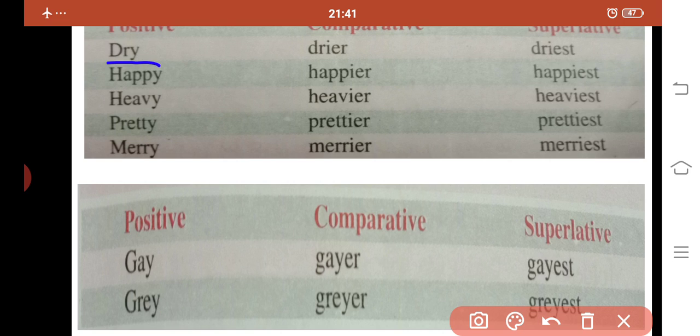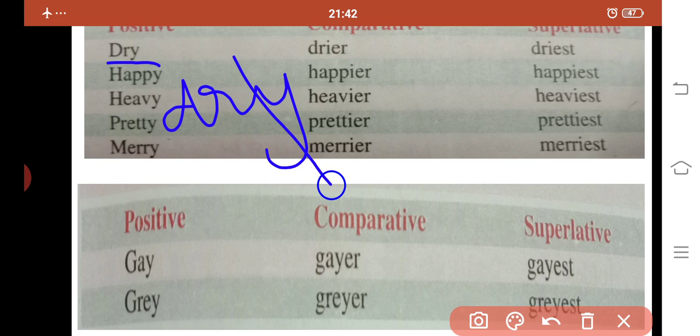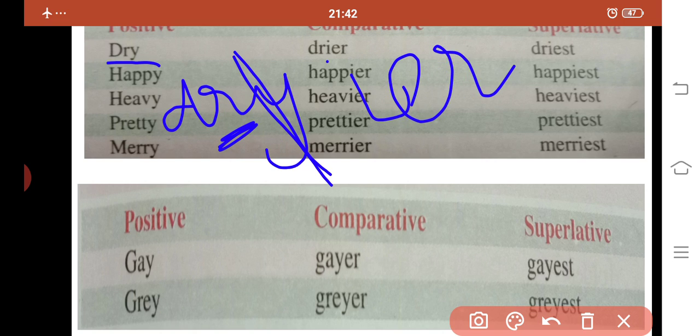Here dry is the basic form of the adjective. This is the positive form. When we need the comparative form, we remove this y, and this y is preceded by a consonant R. So we remove this y and we add I and er to these letters.